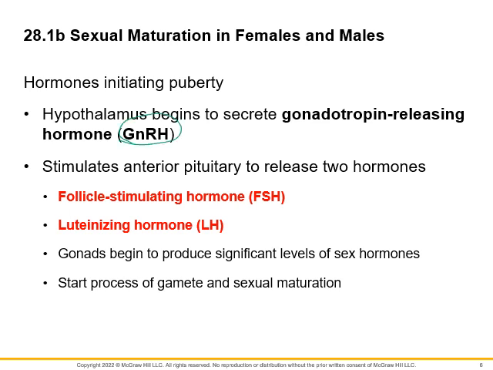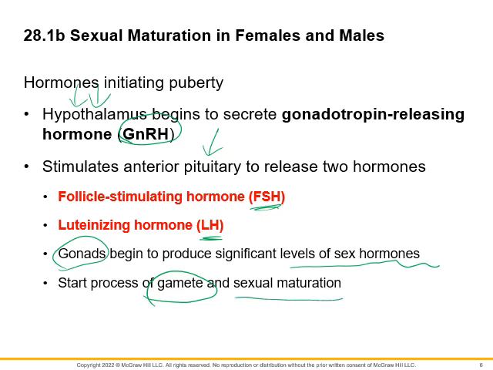Hopefully we know that GnRH is released from the hypothalamus, and that triggers the anterior pituitary to release follicle stimulating hormone and luteinizing hormone. So this is when we're going to see the ovaries and the testes start producing more sex hormones, and this starts the process of making eggs and sperm, and then starts the presentation of those secondary sexual characteristics.